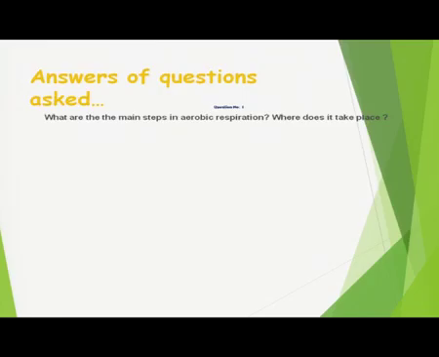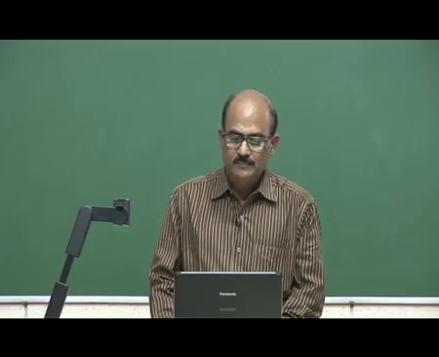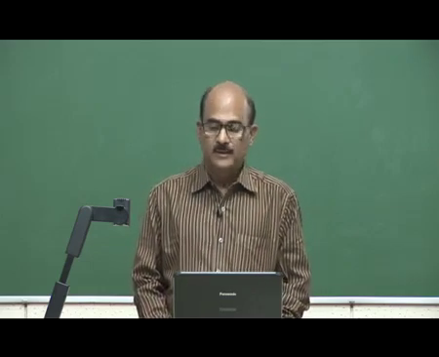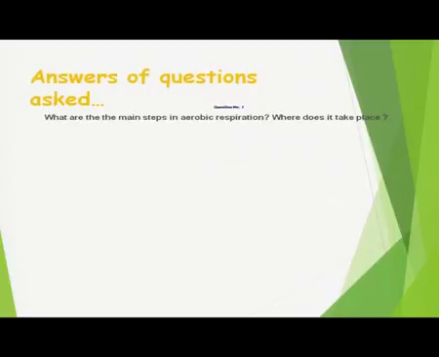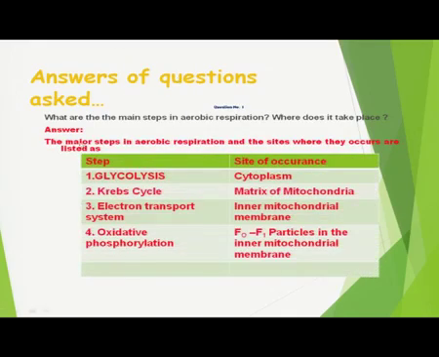Aerobic respiration takes place in the presence of oxygen, and there are various steps and places where it takes place. First of all, glycolysis, where the glucose molecule changes into pyruvic acid. The site of its occurrence is the cytoplasm.